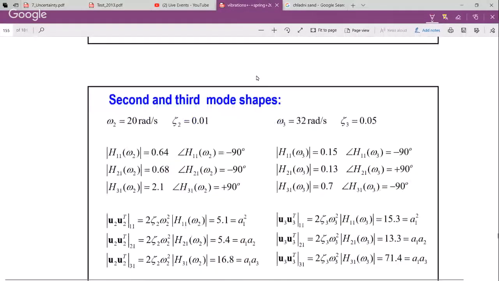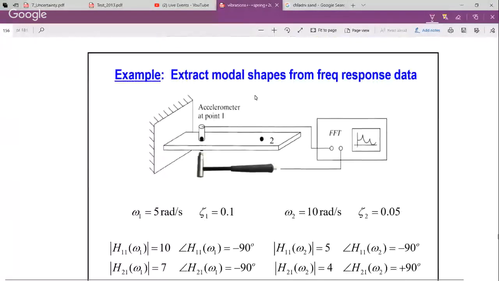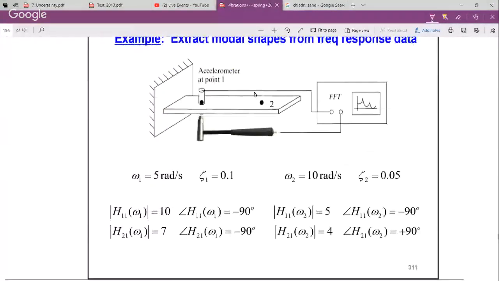All right, just to leave you with this, we take a simpler problem. Basically, we just have two points, with two frequency response measurements, two magnitudes, two phases, two frequencies, two mode changes. If I give you a set of extracted data instead of plots, this is the information you need for the first mode, and this is the information you need for the second mode.